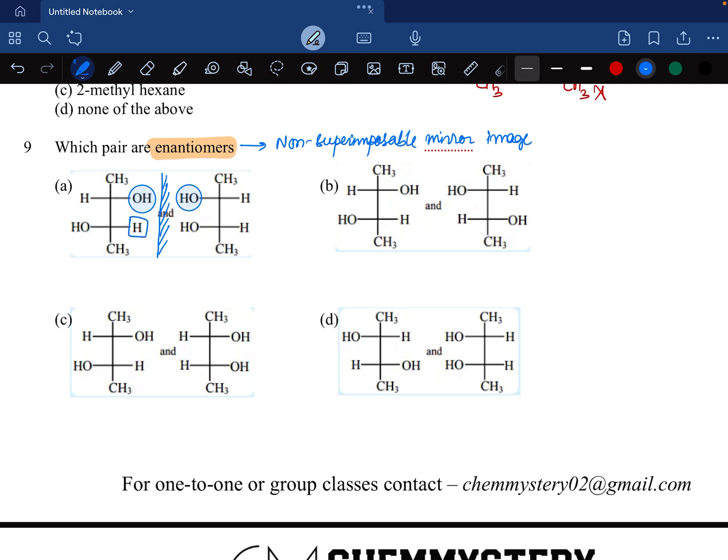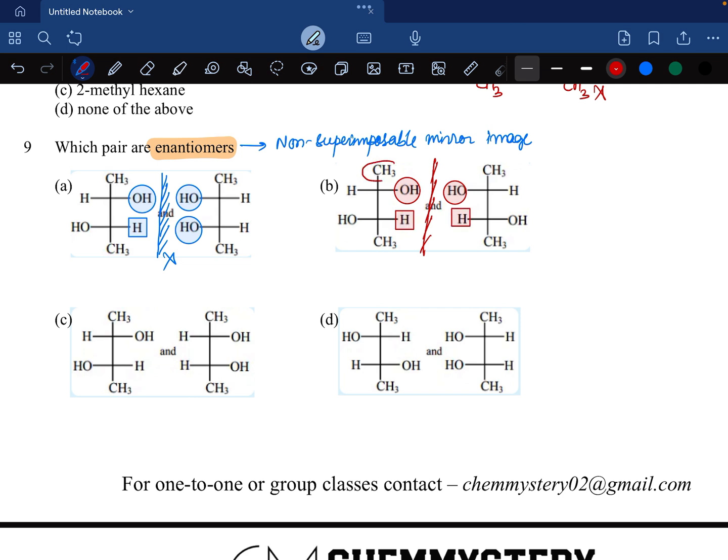Here what we see, H is present, but here OH is present. Is this a mirror image? No. Done. Next one, OH is present, okay? On the other side OH is present. Fine. When if I put a mirror here, H is present. On the other side, what do we see? H is present, right?